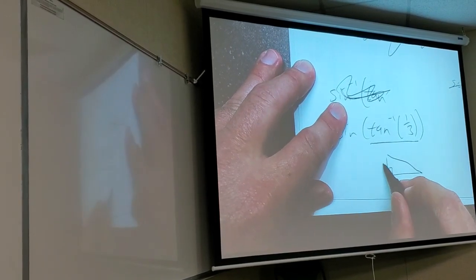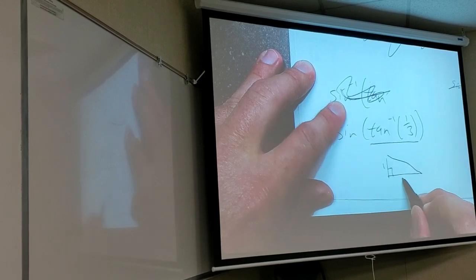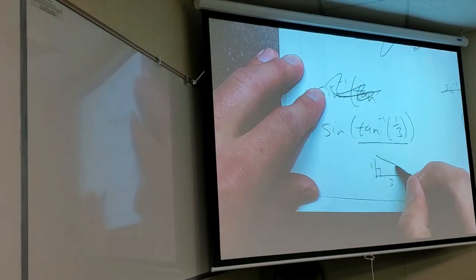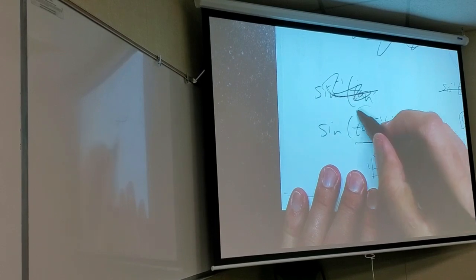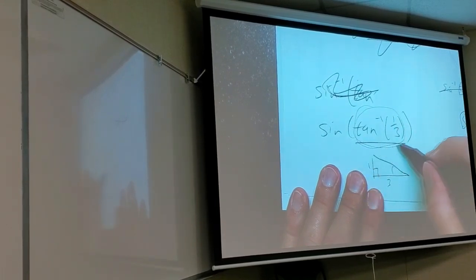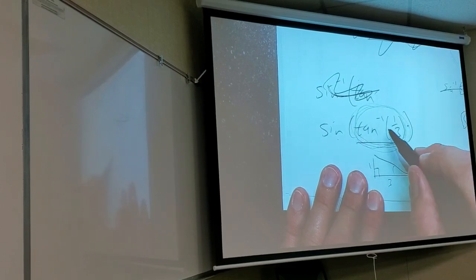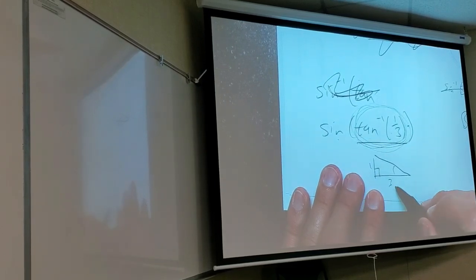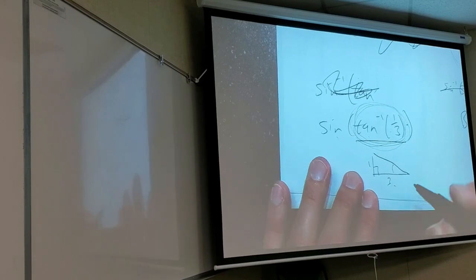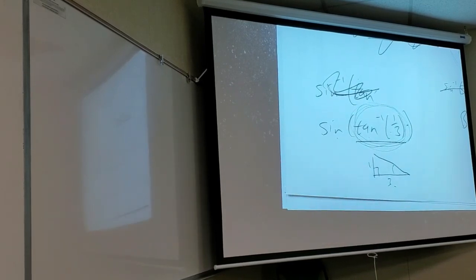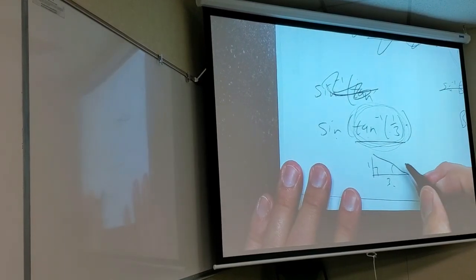Yeah, so what's y? 1. What's x? 3. And now I'm just asking for the sine of this angle. Again, remind me, what is this physically, geometrically? An angle. So this is the sine of the angle whose tangent is 1/3. If I just draw the triangle it's talking about, I can answer the question quick. Well, not immediately.